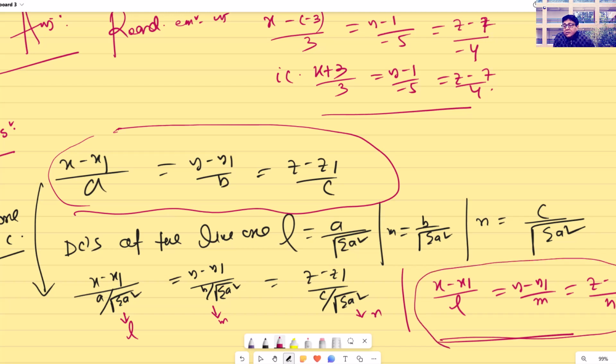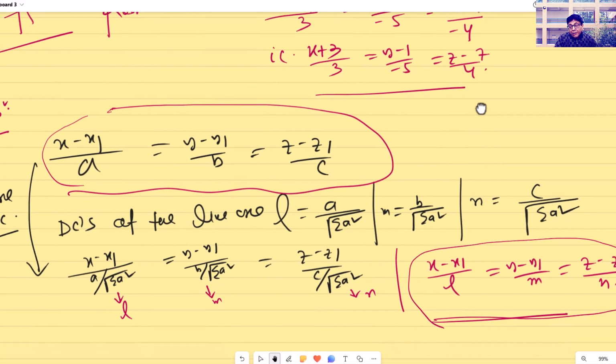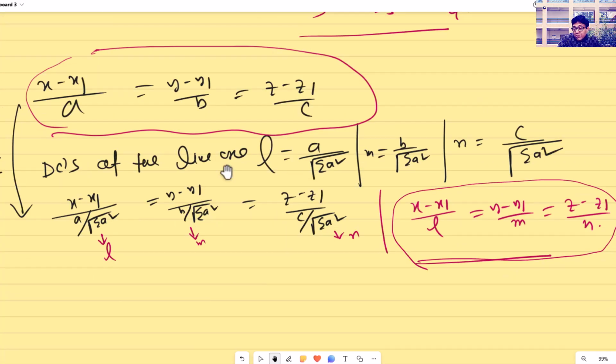But how do you understand whether it is given in terms of direction ratios or direction cosines? Very simple. We just check whether the sum of the squares of these three quantities is 1 or not. If a square plus b square plus c square equals 1, those are to be considered direction cosines.